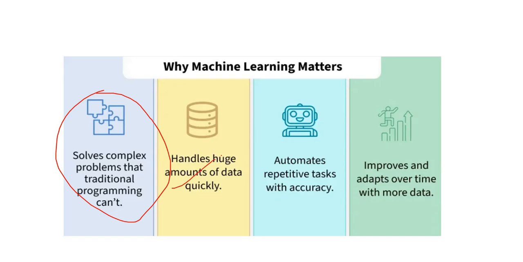The second one is handling huge amounts of data quickly. In the modern digital world, enormous data is generated every second. ML algorithms are designed to process and analyze massive datasets efficiently.